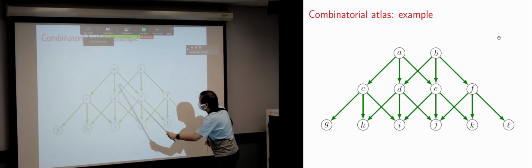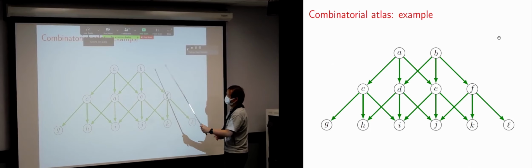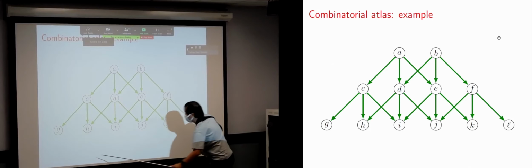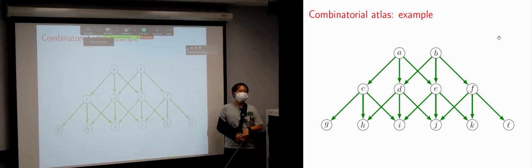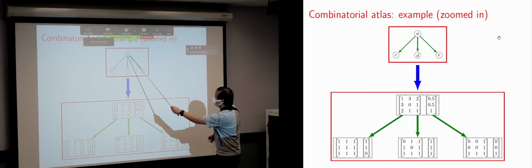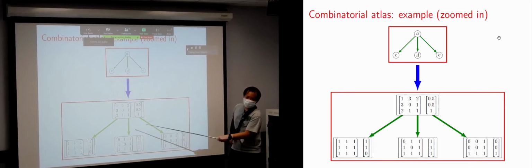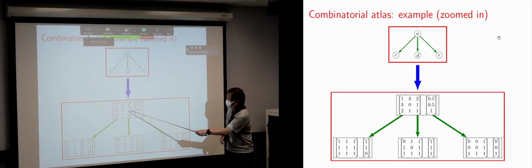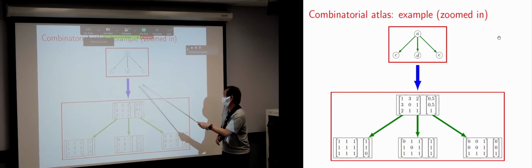I will call the vertices at the top the top vertices, or also the source vertices. The vertices at the bottom I will call the bottom vertices, or the sink vertices. And remember that because this is a combinatorial atlas, if I zoom into these vertices, I will see the matrix and the vector that are associated to them. So here is a 3 times 3 matrix and a 3 times 1 vector.